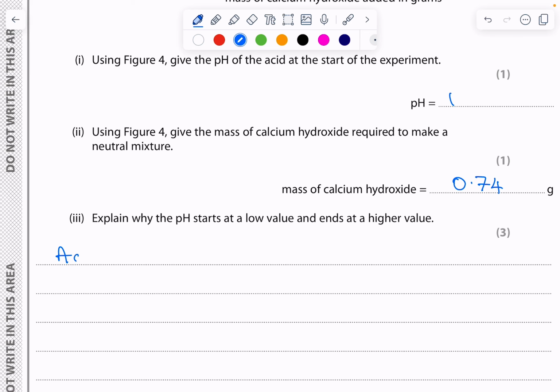Explain why the pH starts off low. So at the beginning, the pH is acidic, and that is because it contains hydrogen ions. Remember, hydrogen ions are what make something acidic. So it contains hydrogen ions.